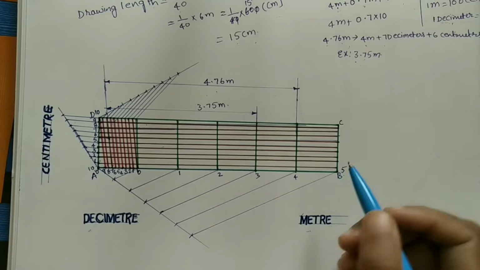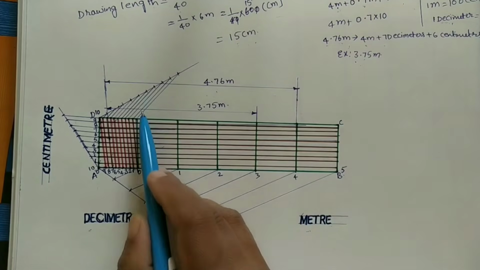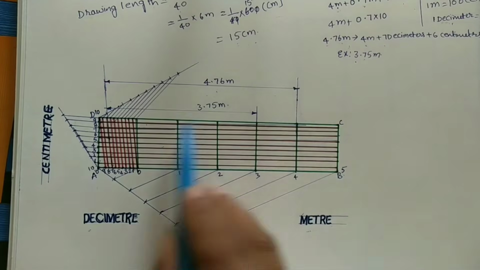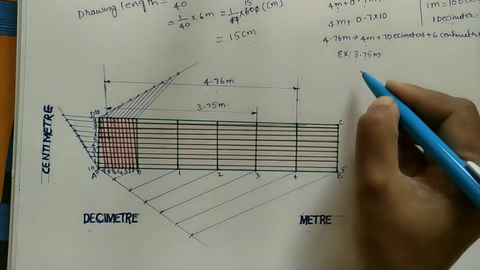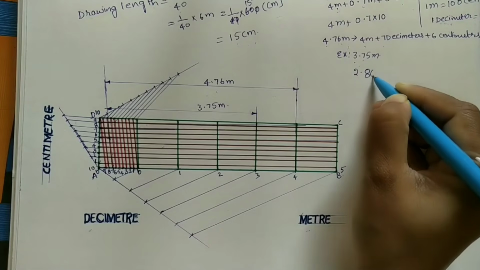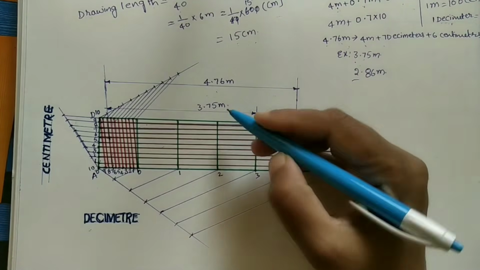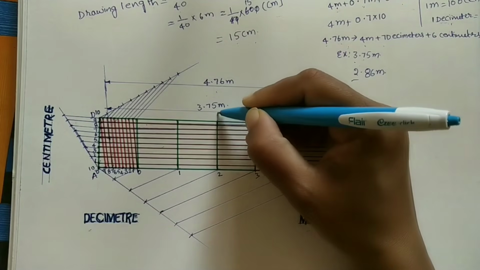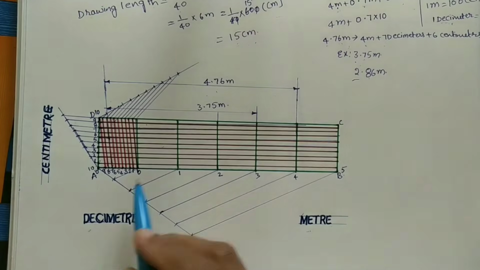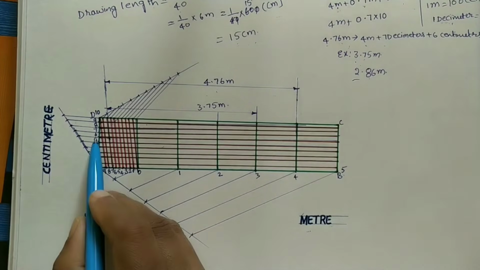Let us take some other example. If you want to measure 5 meters, that means 0 to 5, we need to draw the lines and mark the distance. 6 meters means here one line, here one line, mark the dimension. Or take 2.86 meters. At 2 meters draw a vertical line here using the scale. And 8 decimeters next: 8 decimeters means the 8th line, and then 6 centimeters, the 6th line.